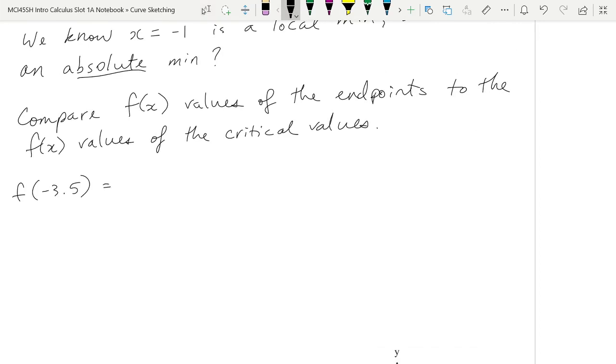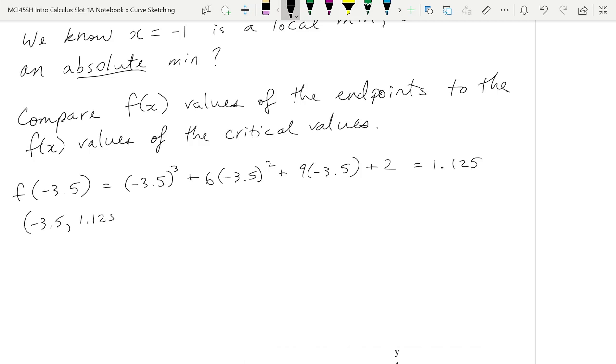So that's going to be -3.5 cubed plus 6 times -3.5 squared plus 9 times -3.5 plus 2. I already ran this through the calculator, so I know that this is 1.125. So that means that the endpoint is actually the coordinates (-3.5, 1.125).